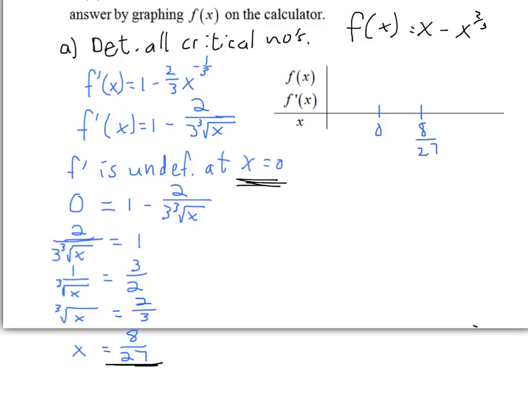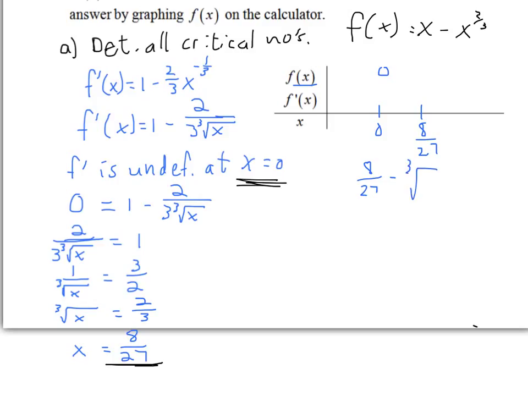So f of 0, of course, is very quickly just going to be 0, which is nice. And then f of 8 over 27, we're going to have to figure this out. We have 8 over 27 minus the cube root of 8 over 27, squared.